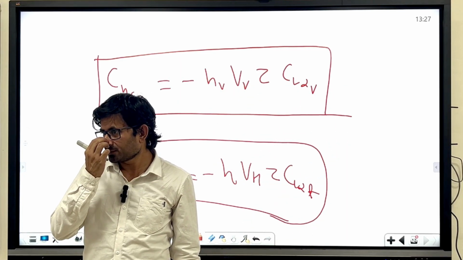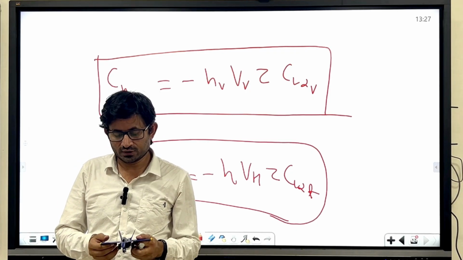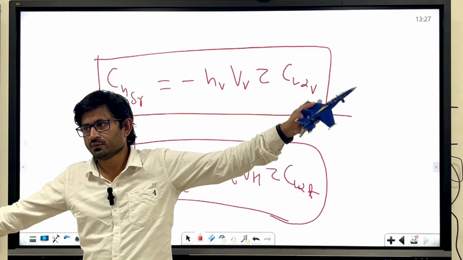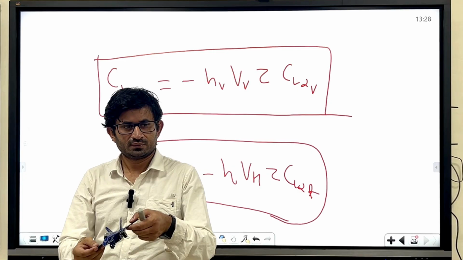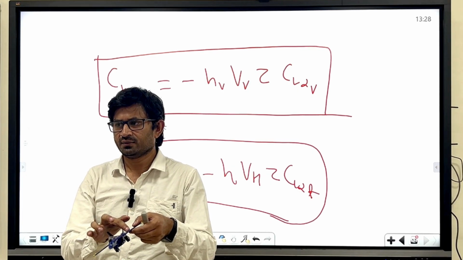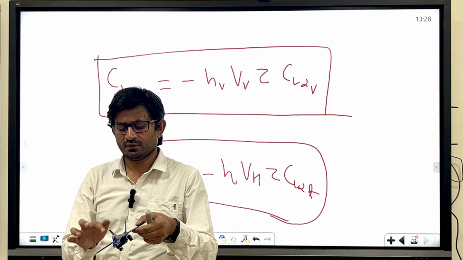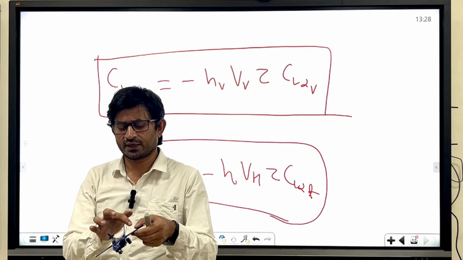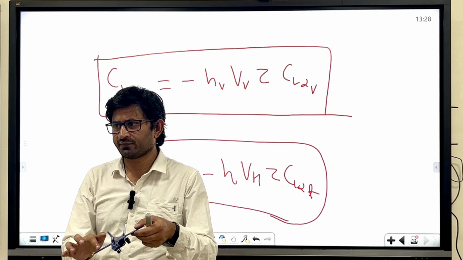So what is the job of the directional control? First thing: for example, you are rolling the aircraft by increasing the lift here and decreasing the lift here. If the lift is more here, the drag will be more here; if the lift is less here, the drag will be less here.